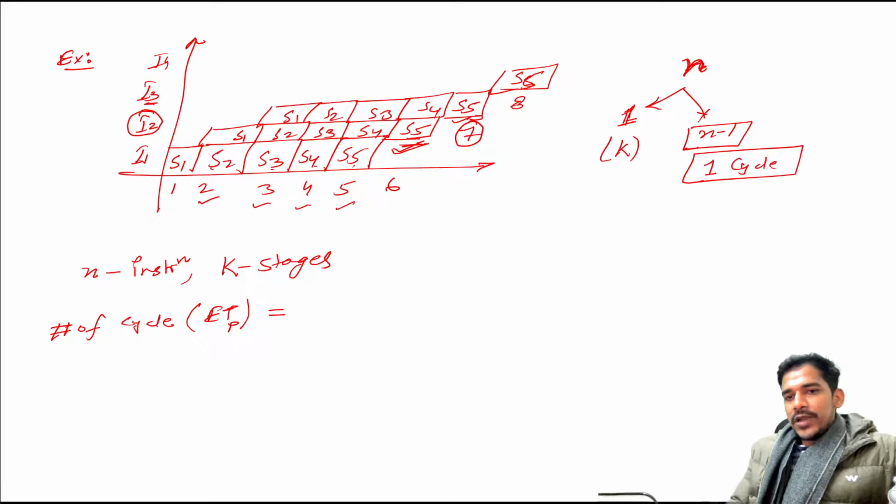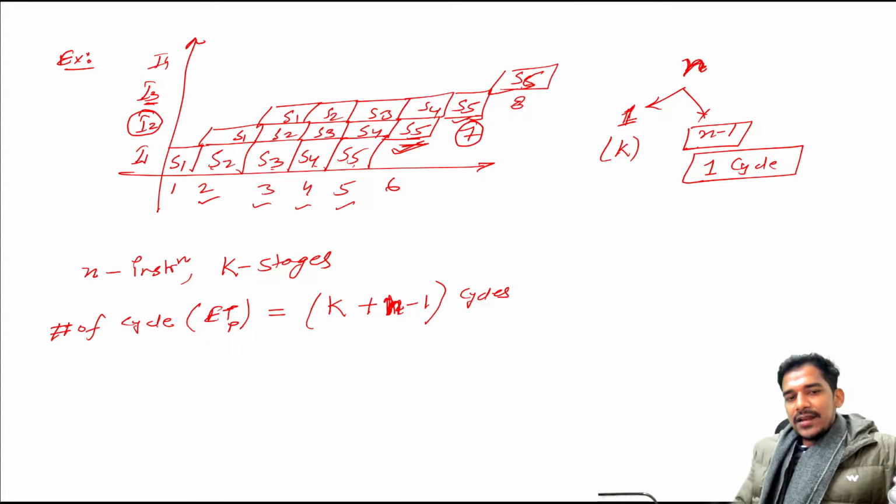The first instruction will take k cycles and the remaining n-1 instructions will take n-1 cycles. So the total number of cycles required to execute n instructions in k stage pipelining will be k + (n-1) cycles.